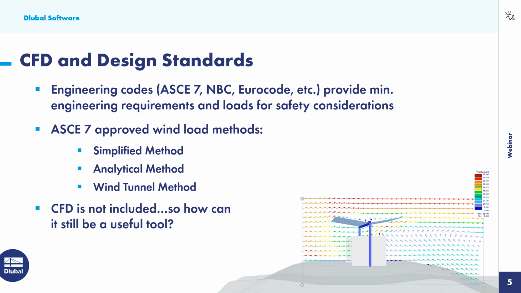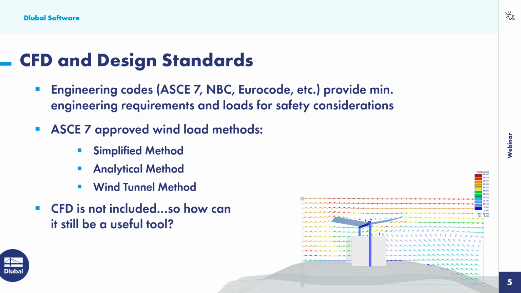So a very common question that we get is the role of CFD and design standards. We know that the engineering codes such as the ASCE 7, the NBC, the Eurocode all provide minimum engineering requirements and loads for safety considerations, and this includes wind loads. The ASCE 7 has 3 approved wind load methods.